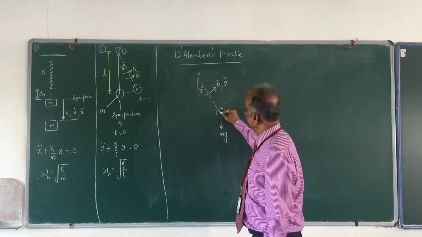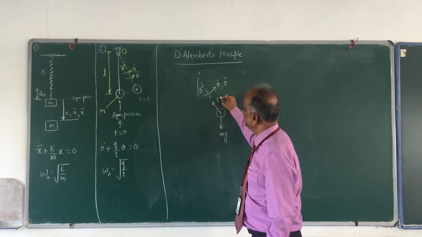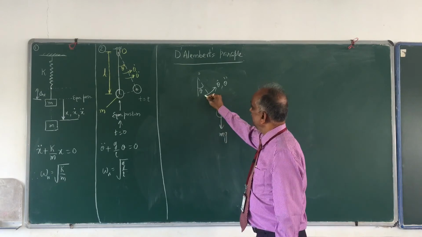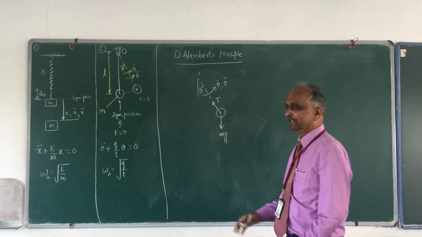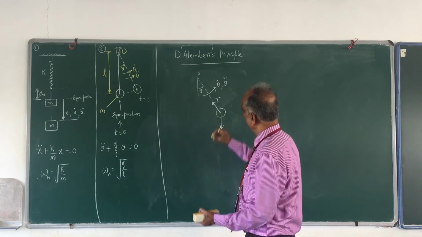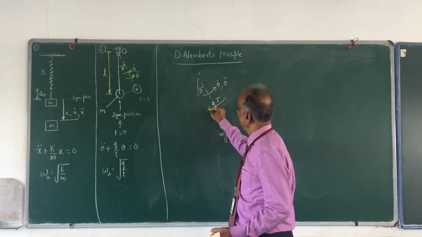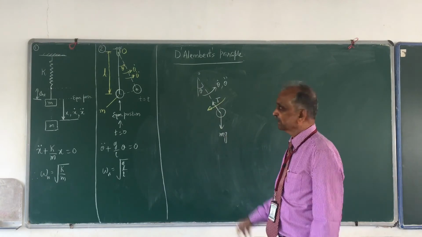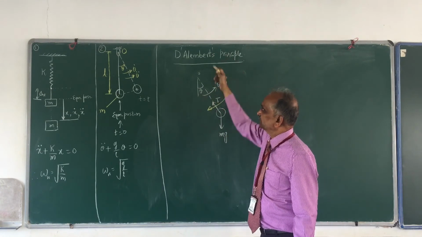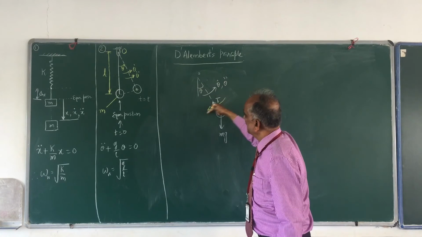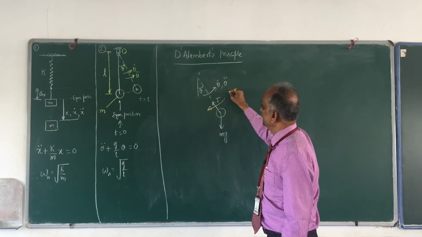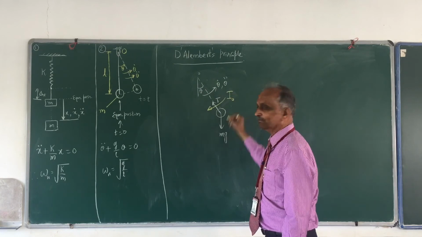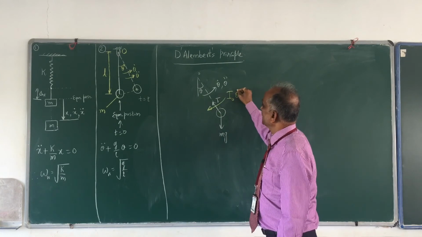This is mg, and this is tension T. So I have to apply an inertia torque. How is that inertia torque? Opposite to angular acceleration. Theta double dot is anti-clockwise, so the inertia torque is in the clockwise direction. How much is that? That is I-O into theta double dot.